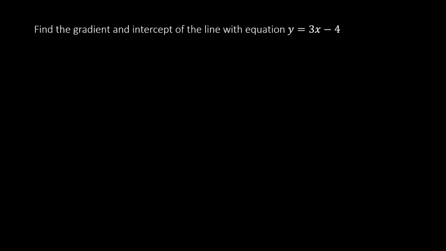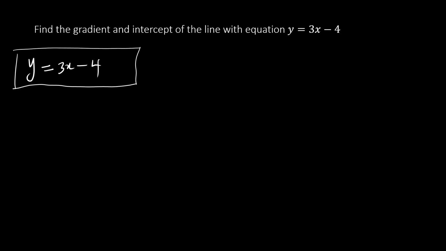We have another question here. This is quite different from what we had in the previous slide. The question states, find the gradient and intercept of the line with equation y equals 3x minus 4. We now have a given equation, which is the equation of the straight line, and we have to look for the slope, which is the gradient, and the intercept, which is c.